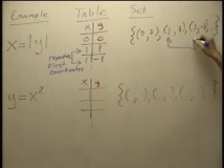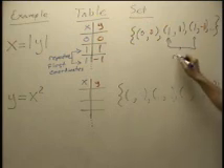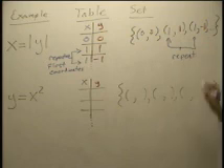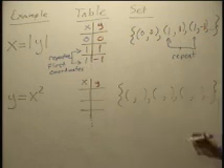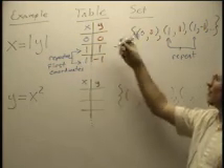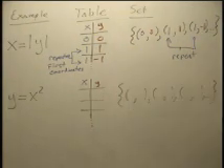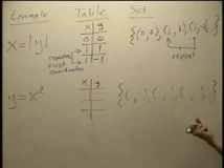When we list the ordered pairs, we see a repeated first coordinate. So if we have a repeated first coordinate either in a table or in a set of ordered pairs all listed out, then that tells us that the relation cannot be a function, because it means that a number in the domain is being paired with two or more numbers in the range.